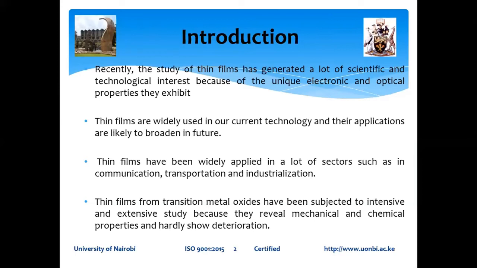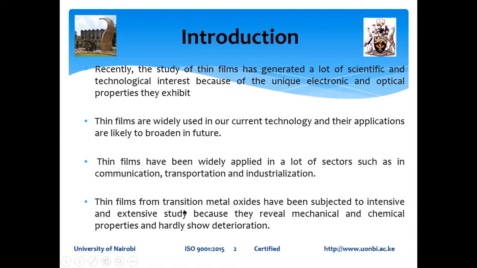The knowledge gained from such research has been applied widely in a lot of sectors, such as communication, transportation, and even industrialization, just to mention a few. And it is expected that these applications are likely to broaden in the near future.